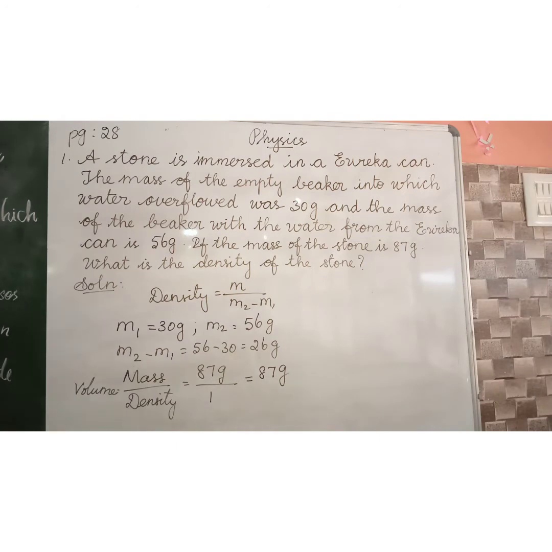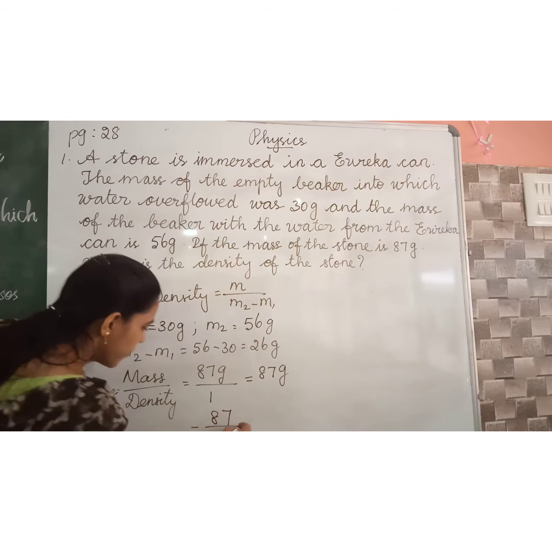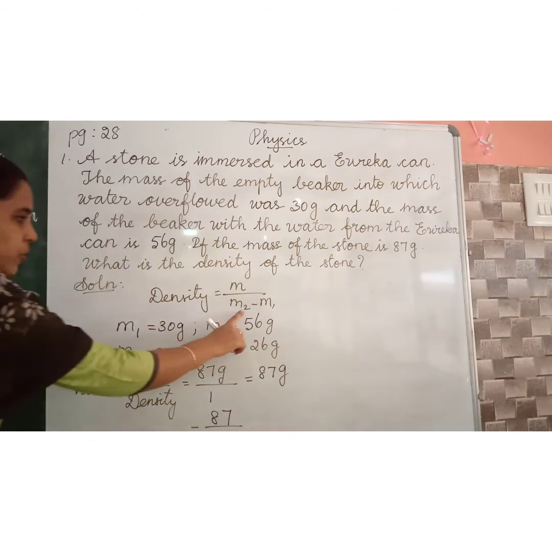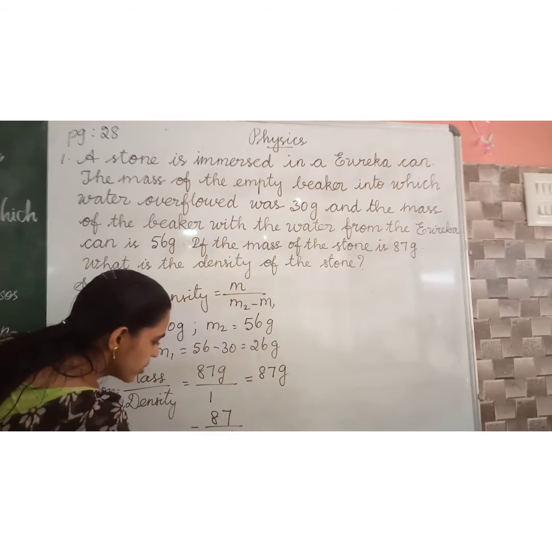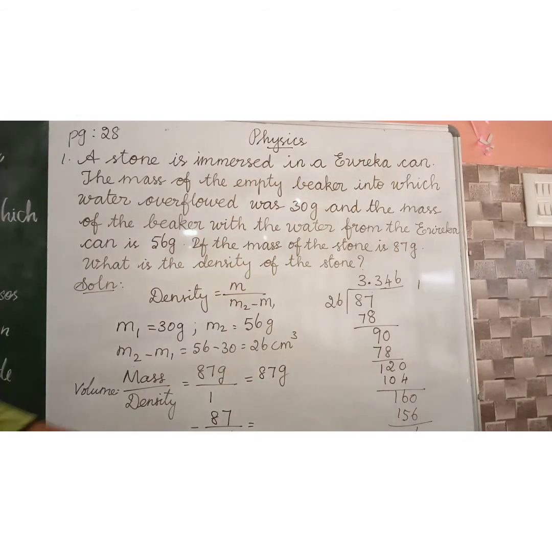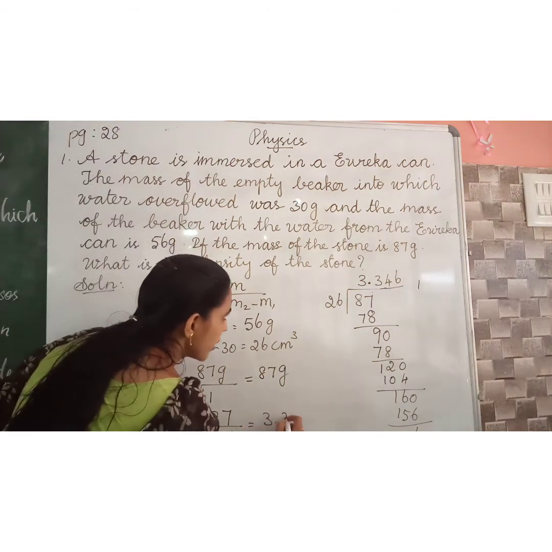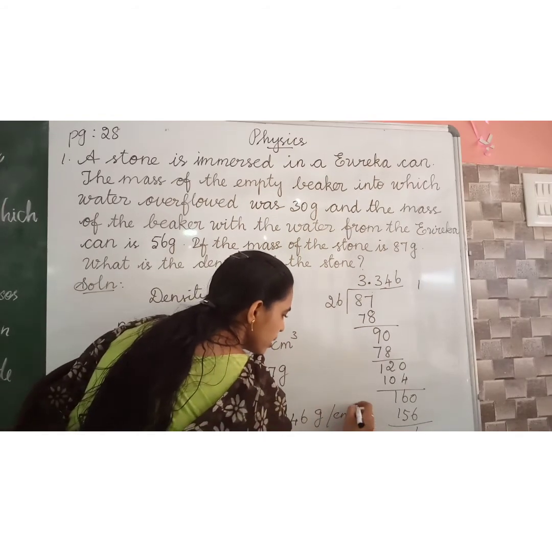Now, the density is equal to M by M2 minus M1. That means 87 divided by M2 minus M1, which is equal to 26. So, 87 divided by 26 is equal to 3.346 gram per centimeter cube.